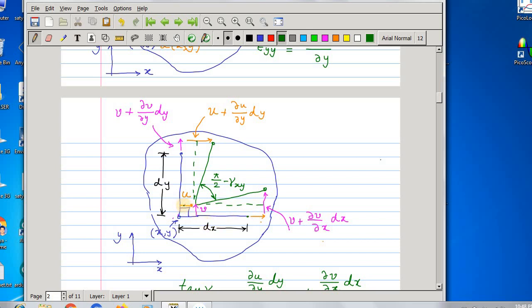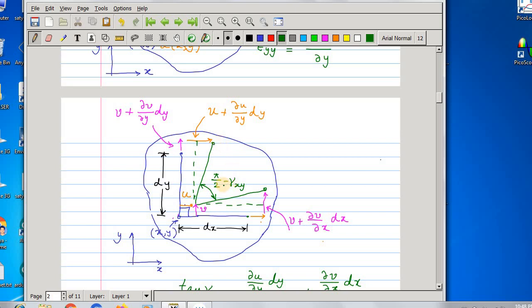This is u plus the rate of change of u with respect to x into dx, and this is v plus the rate of change of v with respect to x into dx. Similarly, going from here to here, this is u plus the rate of change of u with respect to y into dy.